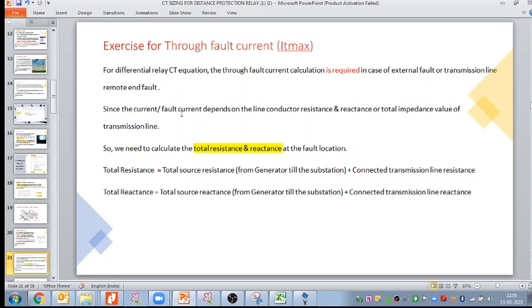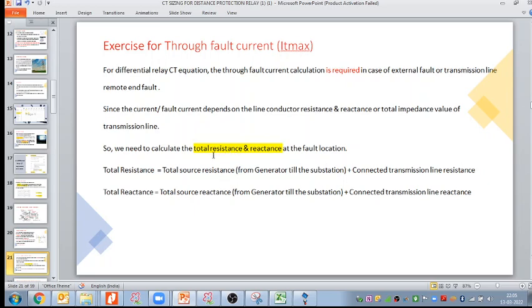Since the fault current depends on the line conductor resistance and reactance, or we can say the total impedance value of the transmission line, we need to calculate the total resistance and total reactance at the fault location, and based on the resistance and reactance, since we know the voltage, we can find out the fault current, right?